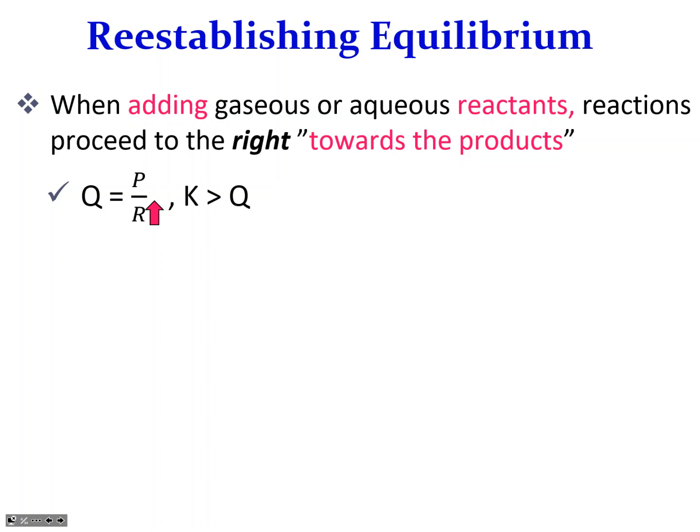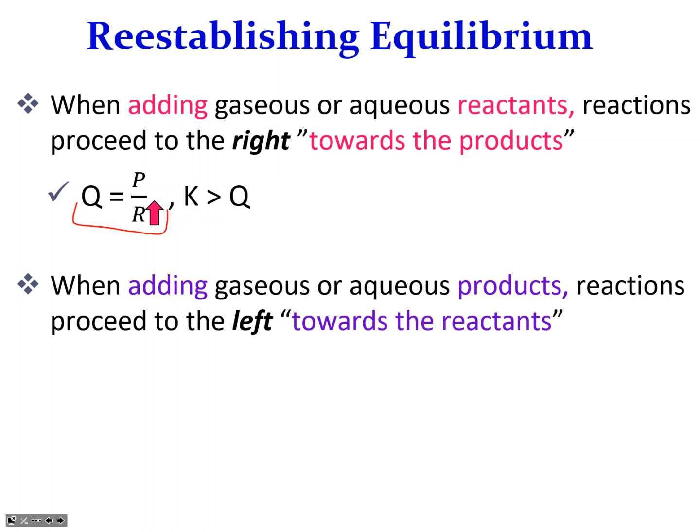You don't necessarily have to show that part, but if you add reactants, you're adding to the denominator, which is going to make Q less than K. K is going to be greater than Q, so we know it's going to go to the right. So definitely when you're looking at concentration changes and you have to explain it and prove it, you want to do the Q/K relationship and explain why it's going to go the direction it's going to go.